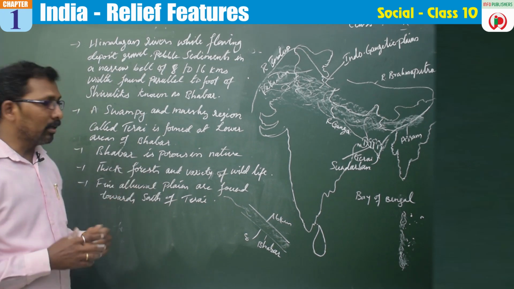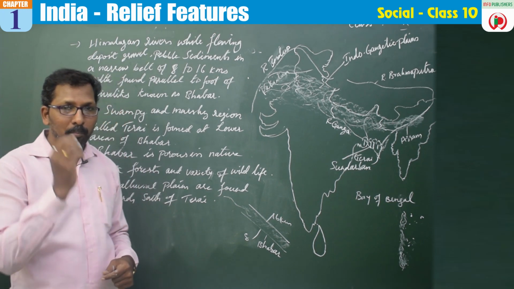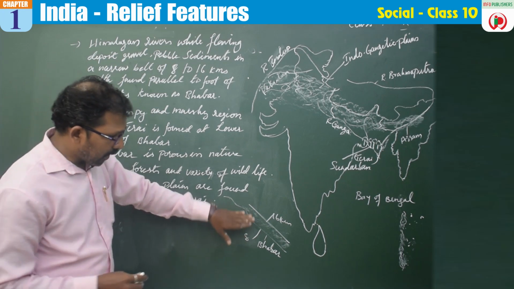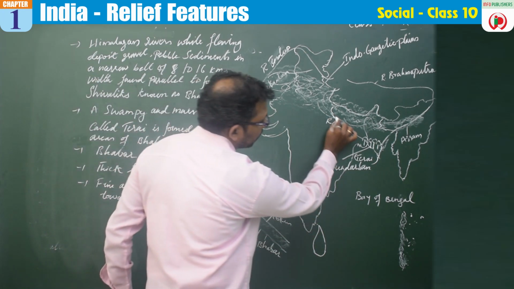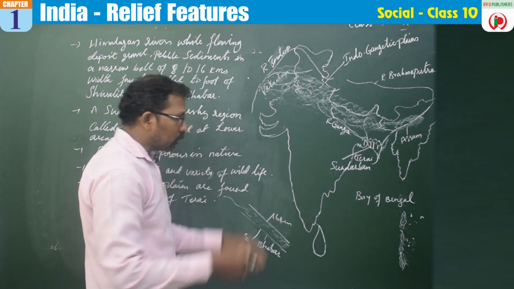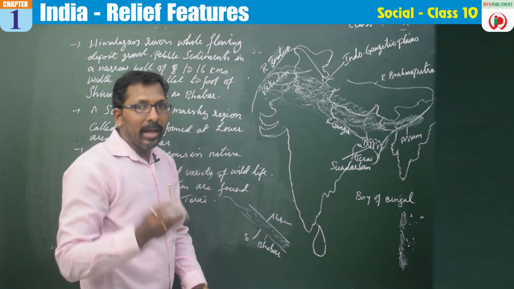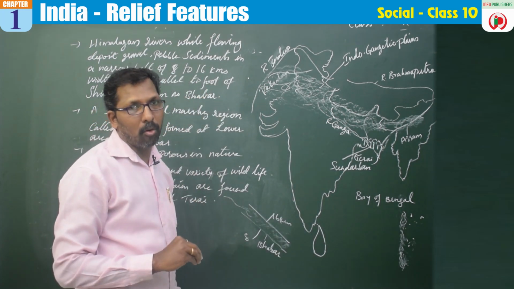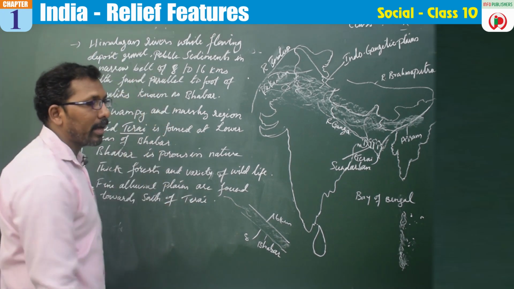So, this Bhabar is of what type of nature? It is of porous nature, porous, right? And as this Bhabar is moving towards the south over here, at the end of this Bhabar, a fertile region is formed, which is called Terai.